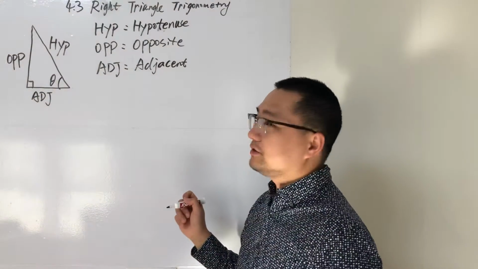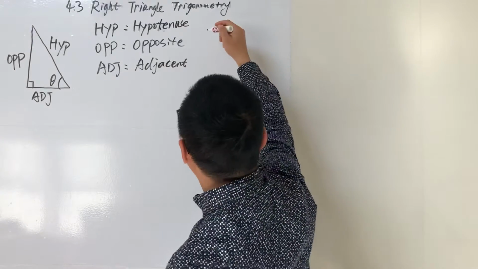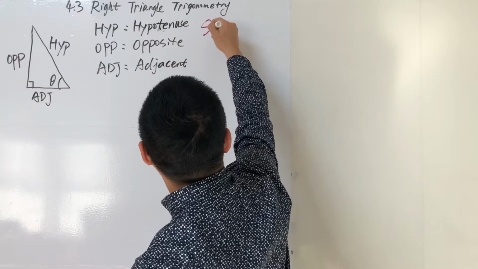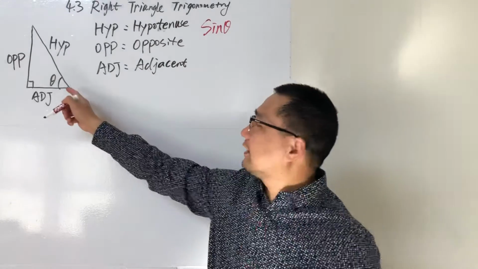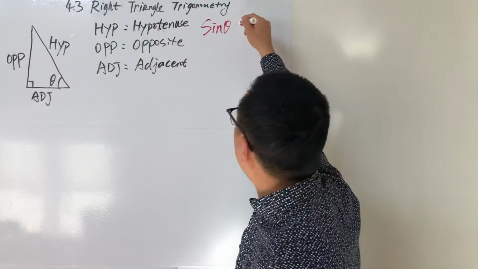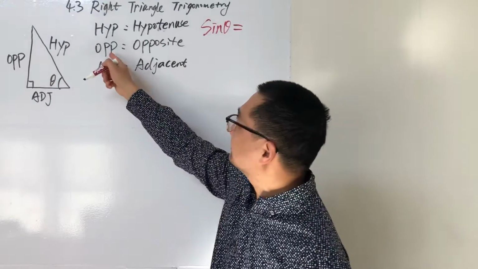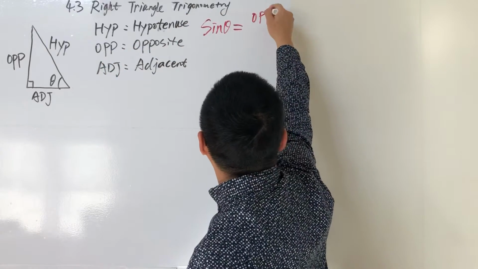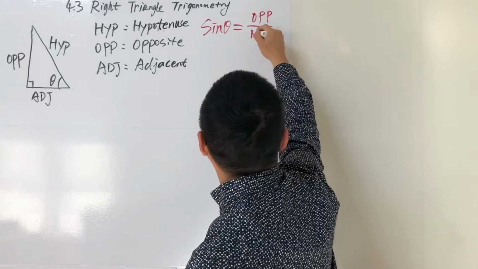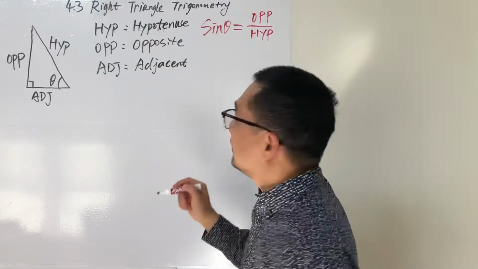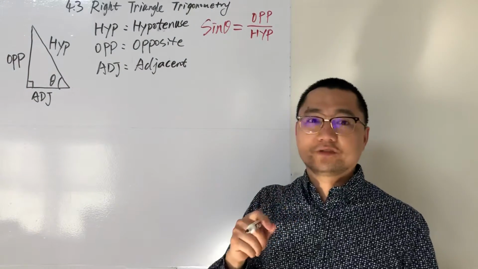Now we need to define the six trig functions. First, what is sine theta? As you see, theta is here. So sine theta is opposite, OPP, over hypotenuse. That's the definition. It's a little bit different from the unit circle.